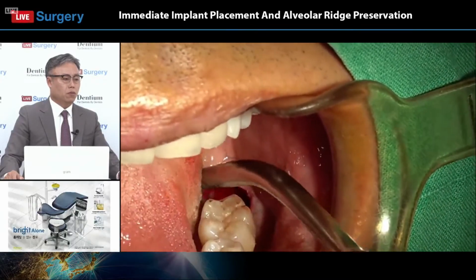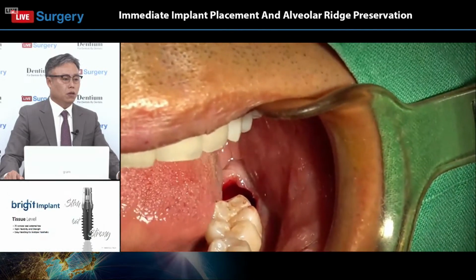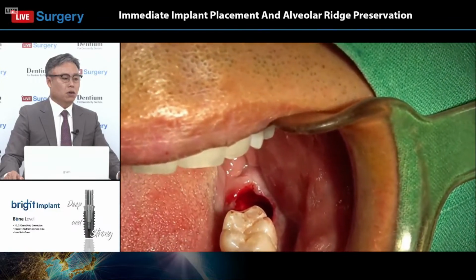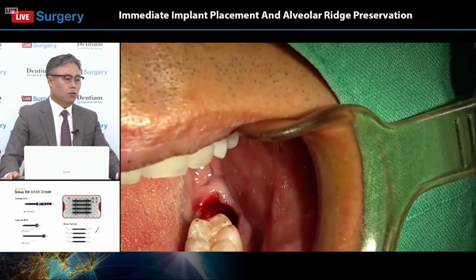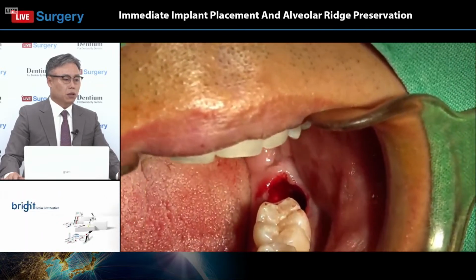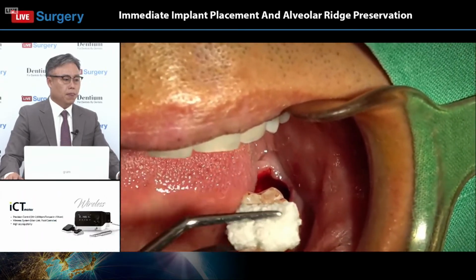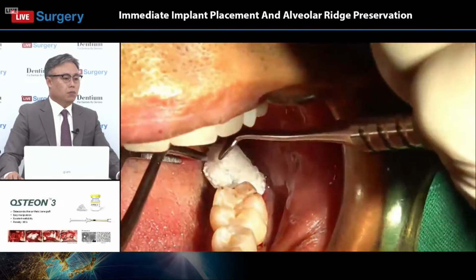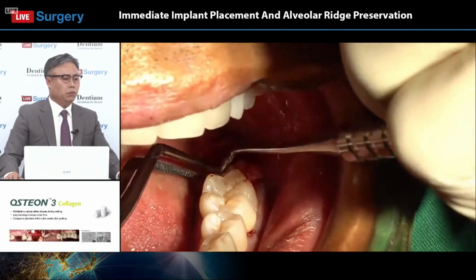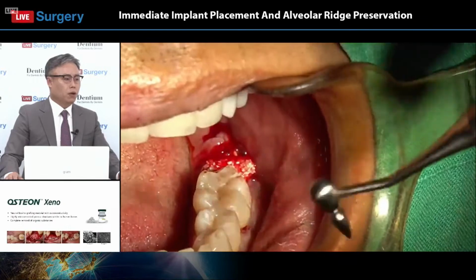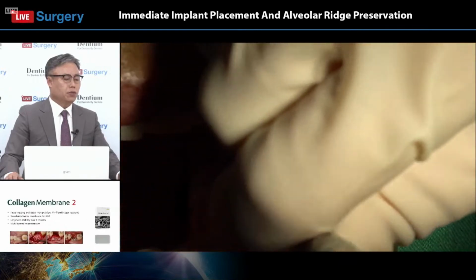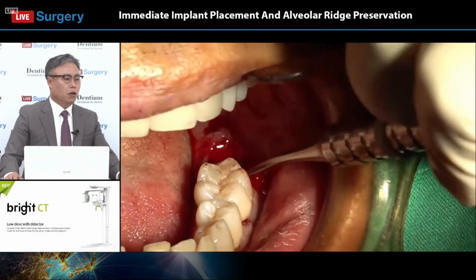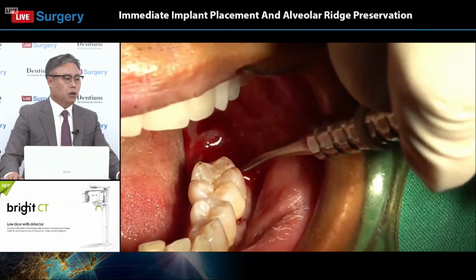I think almost done. You see, there's no granulation tissue inside the extraction socket. He's now applying the collagenated bone graft, Osteon Collagen 3, a synthetic bone substitute, a combination of HA and TCP.